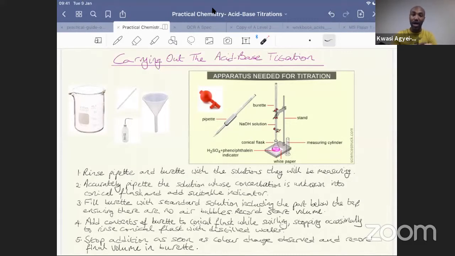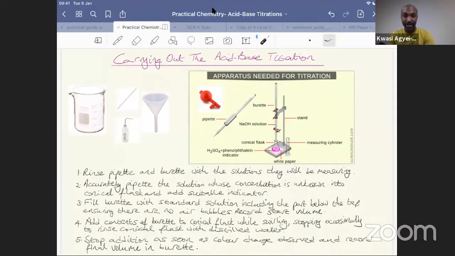The other thing I omitted to mention, of course, is the indicator for the solution in your conical flask. Because this is an acid-base titration, you're going to need an indicator.